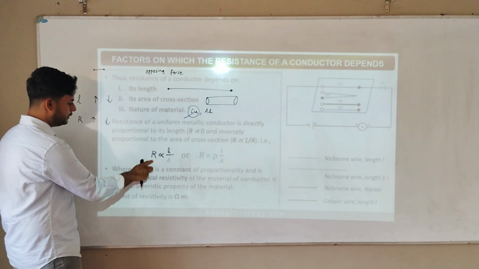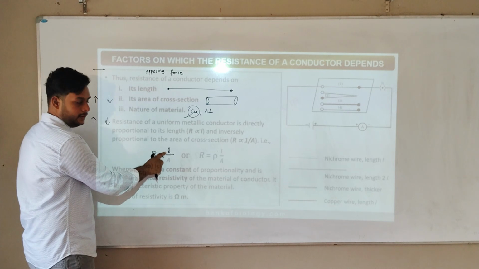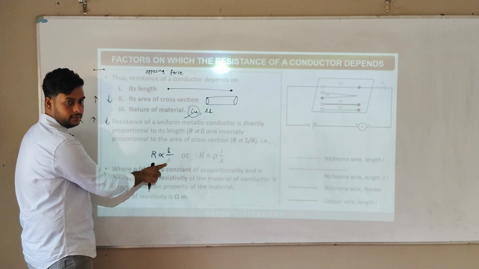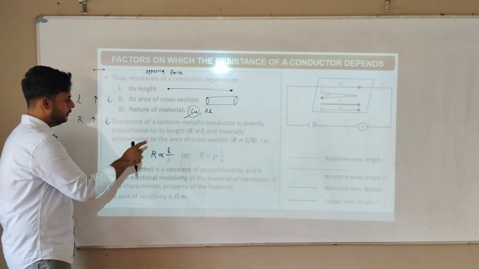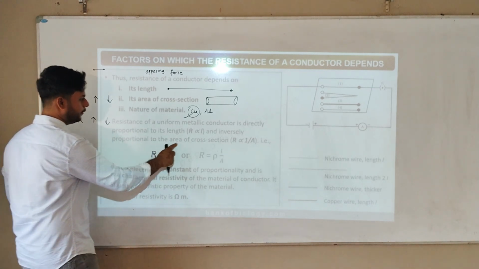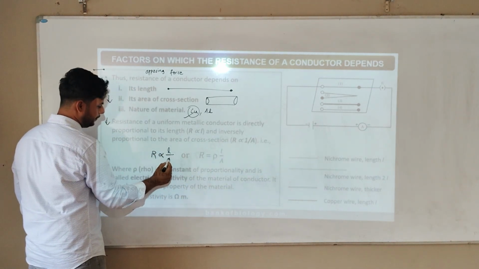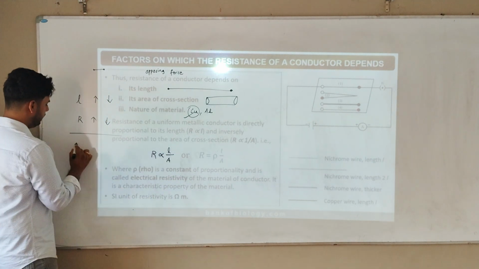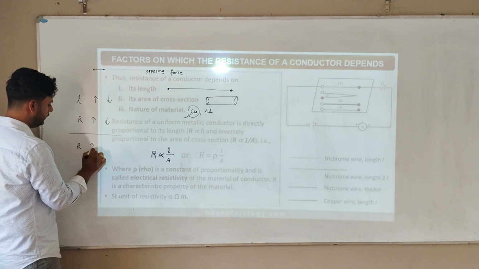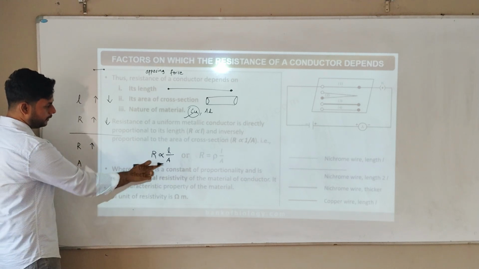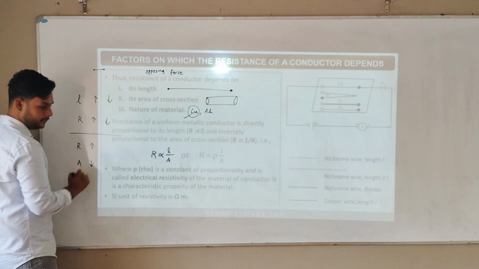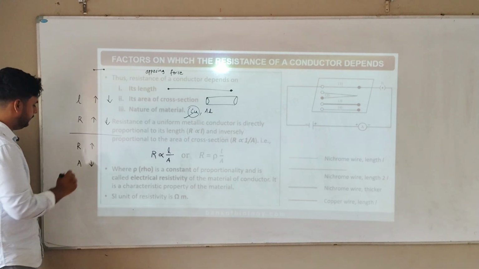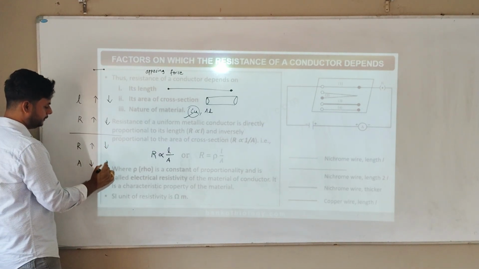So resistance is directly proportional to length, but inversely proportional to the area of cross section, so it's 1 by A. If resistance is high, the area of cross section will be low. If resistance is low, the area of cross section will be high.